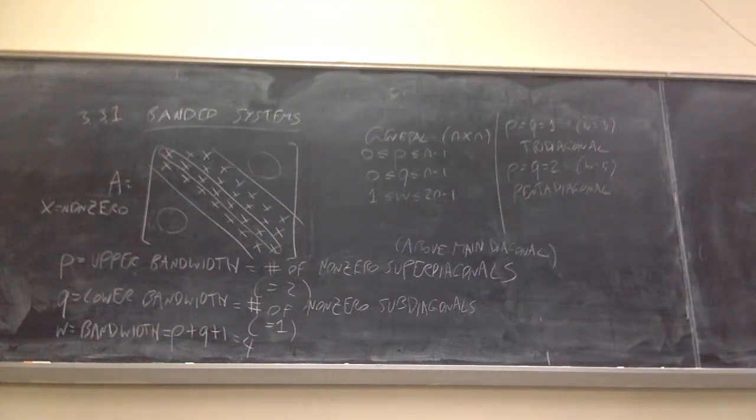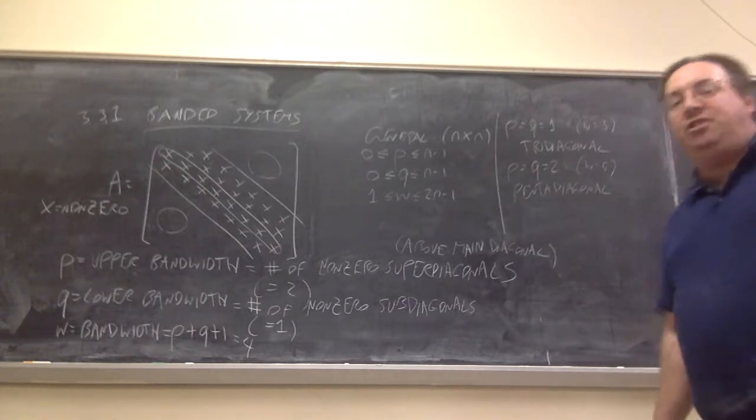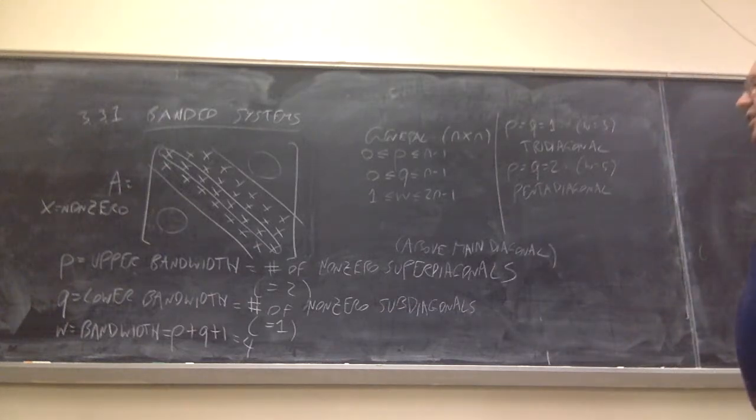Now, as for why we talk about banded systems, these come up in application areas of interest. Tridiagonal matrices occur quite often in the numerical solution of PDEs, partial differential equations, or even some ordinary differential equations.